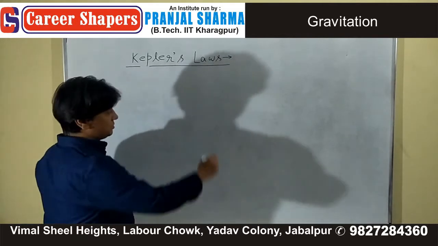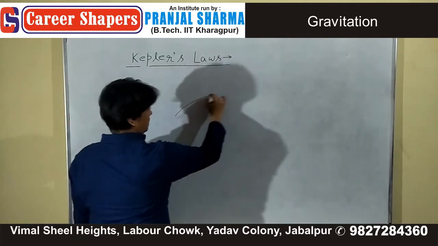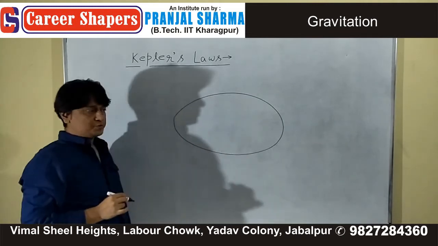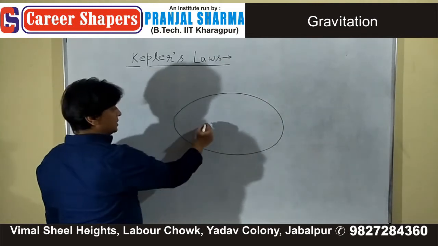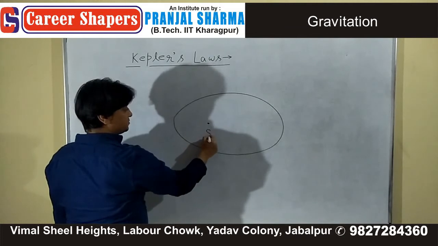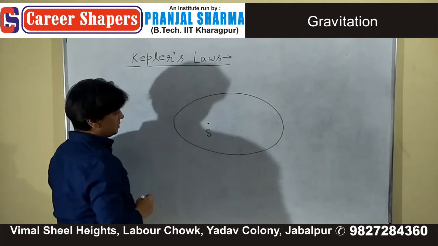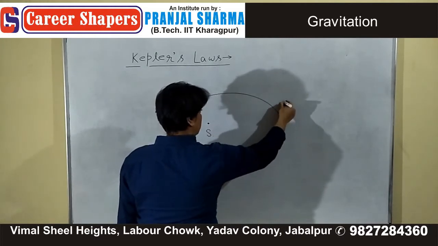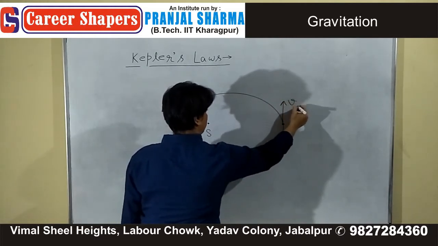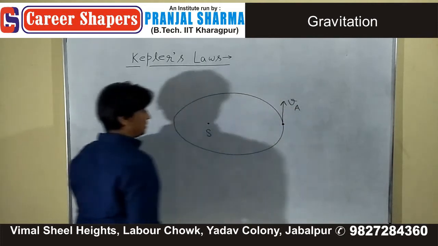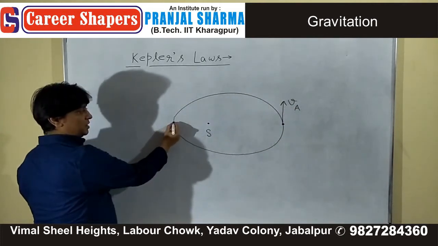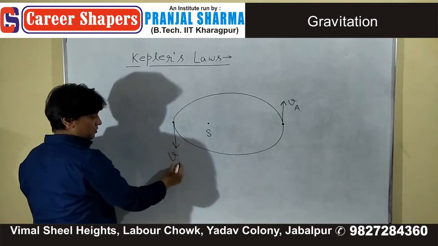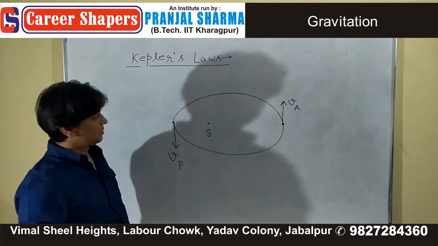Note down the question. We have the ellipse. The Sun is present at this point. This is apogee. At apogee, velocity is VA. At perigee, velocity is VP.